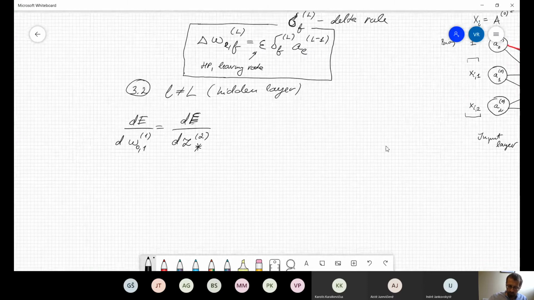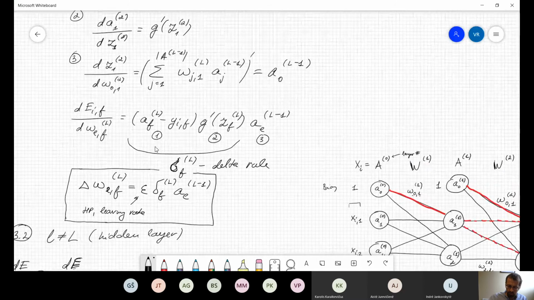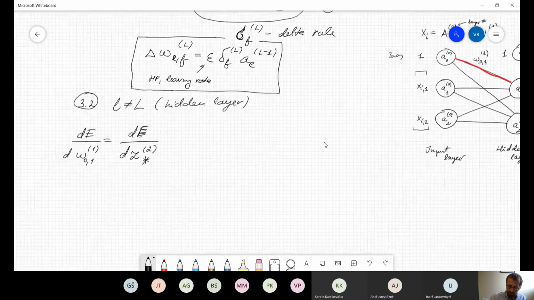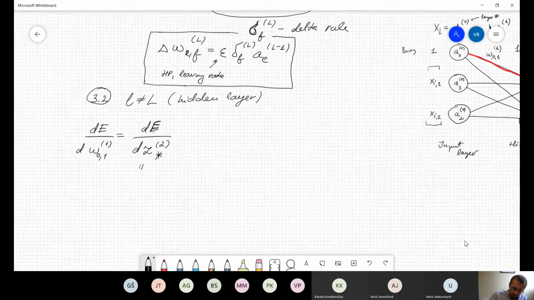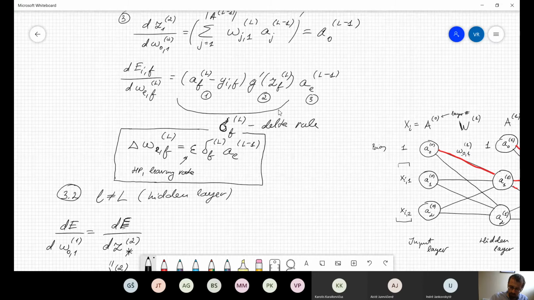And actually, as you will see, and we've been doing that so far, this is equal to the delta of all the output neurons. So this is actually just the same term as we had over here.